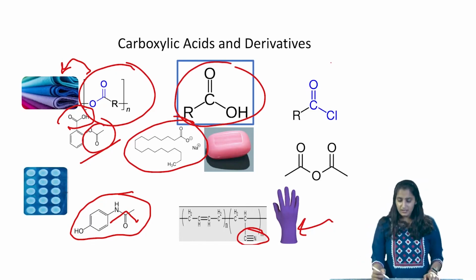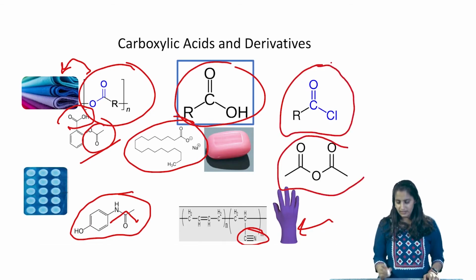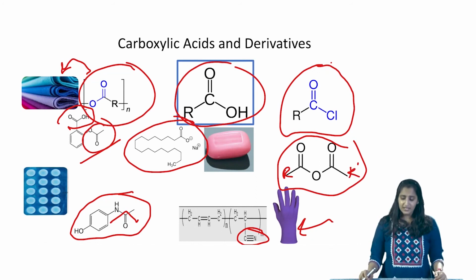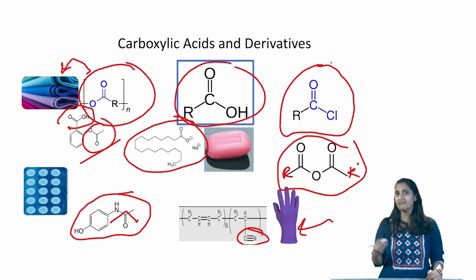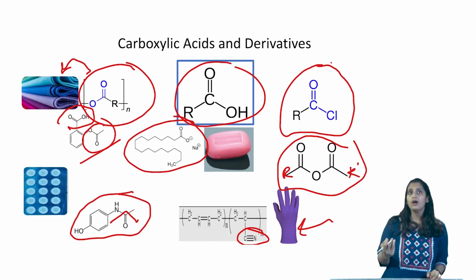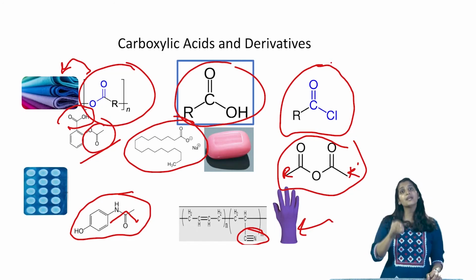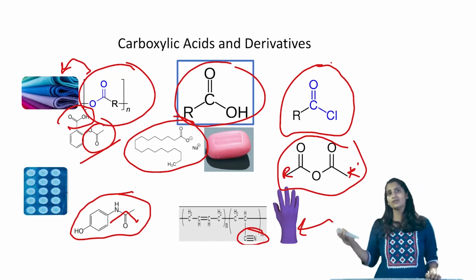The two other functional groups here are acid chloride and anhydride. Sorry, this is R and R dash. We do not find their use or applications in everyday life because they are very reactive, but they are precursors to most other things that we use in our everyday life.